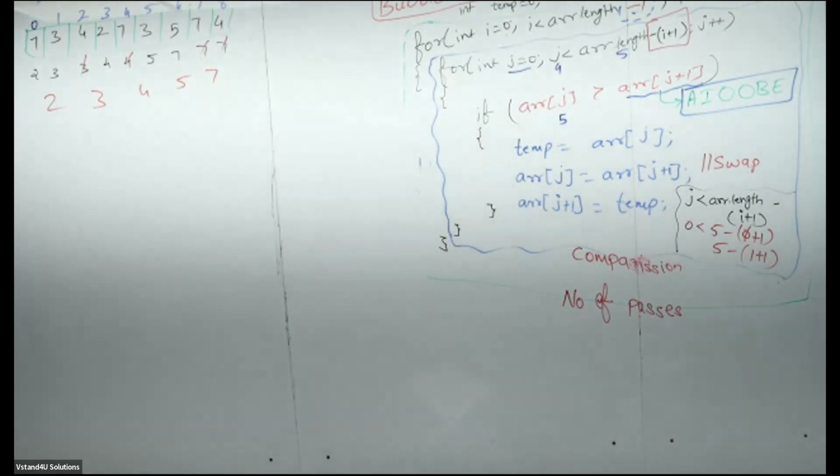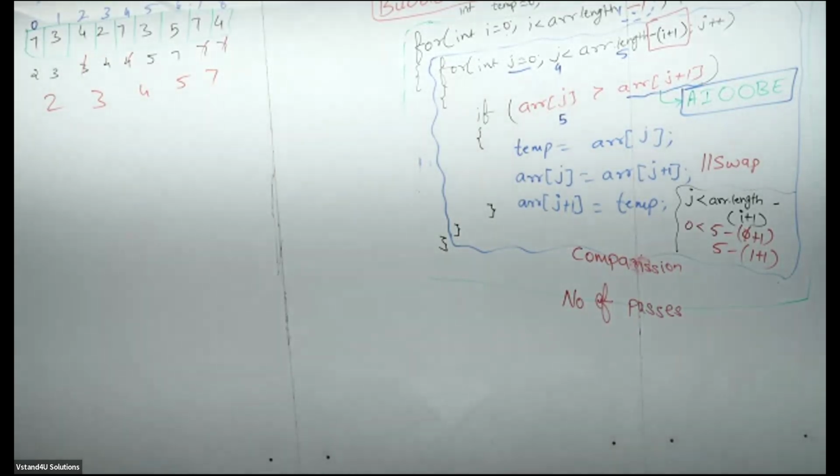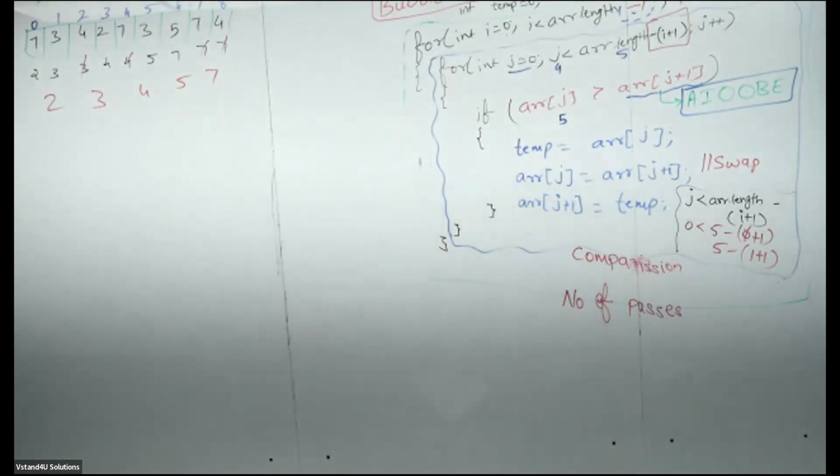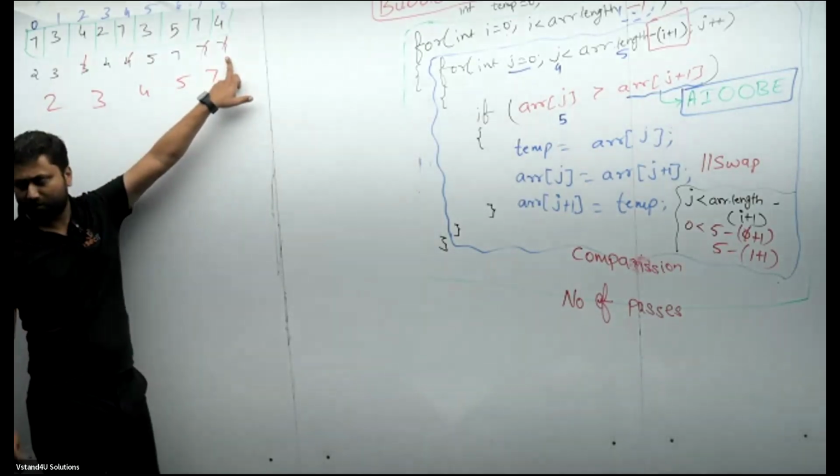0 to length minus 1. Okay? One step before you stop. Last element you will not compare. Huh? Why? Sorry, I'm taking experiments. In this case, this element you will not even compare, you are saying.